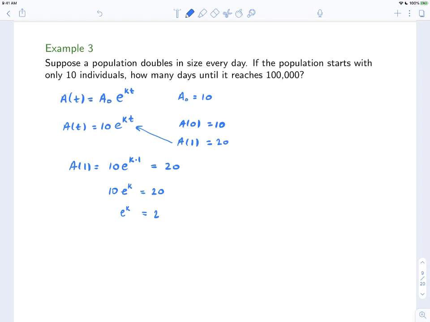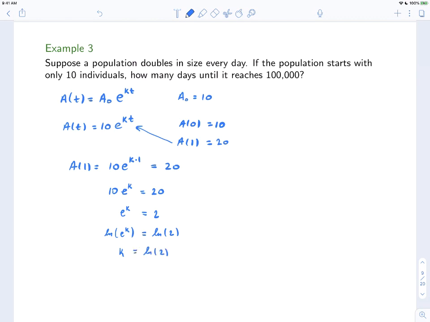In this case, we'll apply the natural logarithm. ln of e to the k is equal to ln of 2. So ln is the inverse of the exponential with base e. So we use the cancellation laws to get k on the left. This is equal to ln of 2.